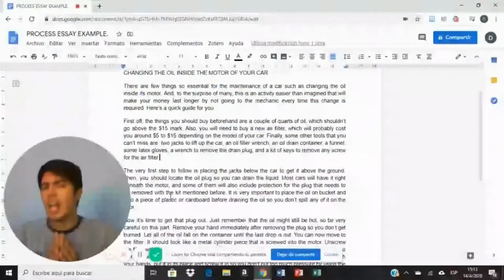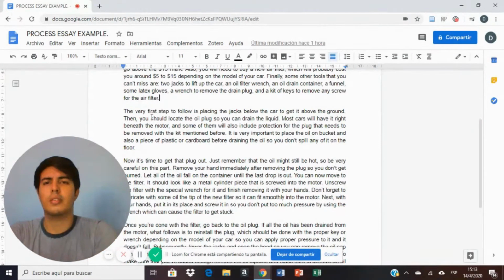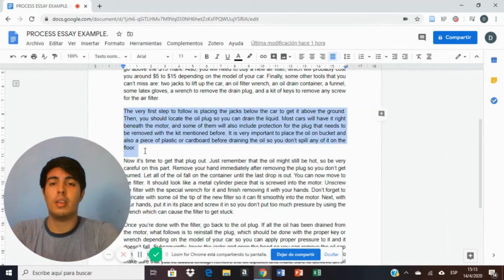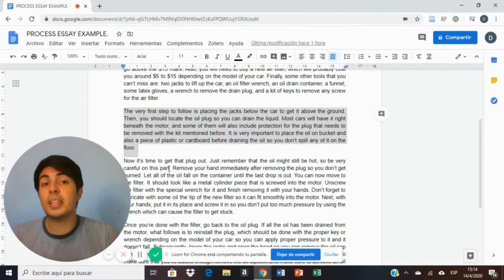And now, also in the body, we have the very first step to follow, which is placing the jacks below the car to get it above the ground. Then you should locate the oil flow so you can drain the liquid.